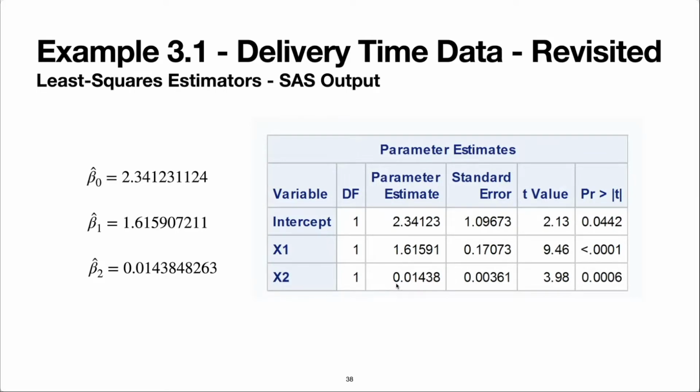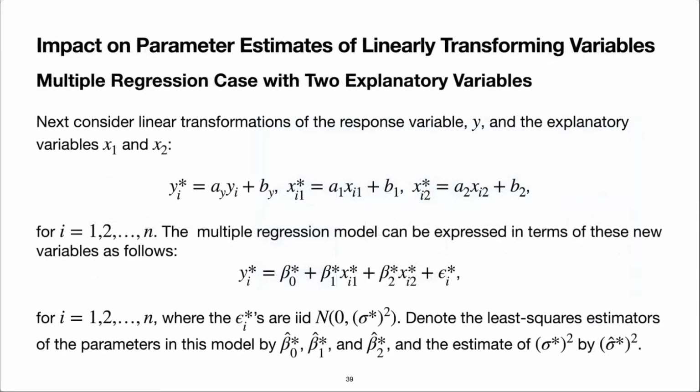And then the parameter estimate for beta 2 hat reported by PROC REG is 0.01438. Again, that's the same value we get using the formulas. So we know that those formulas work, they're correct, and they're not too hard to use. All right, so let's move on.